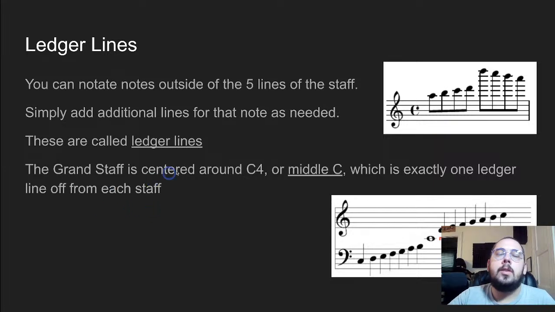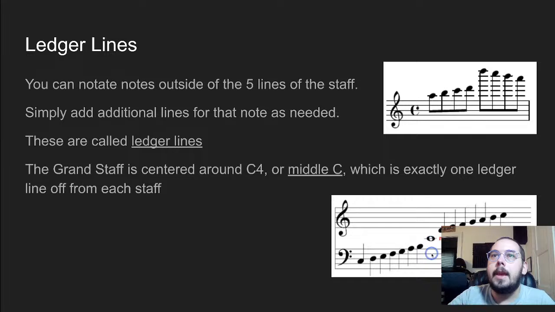One thing that I think is really helpful is when we're looking at a grand staff again. I mentioned the phrase middle C before. C4 on the piano. This is called middle C because on the grand staff, again, the staff with the treble and bass clef, middle C is the note immediately in between.